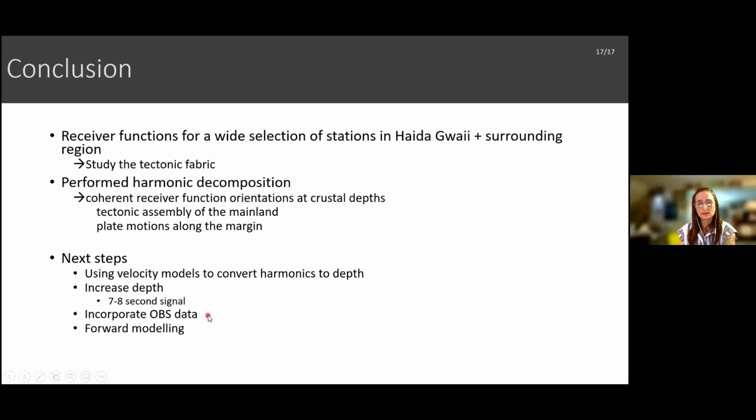Another thing we can do is incorporate OBS data, because right now there's a large gap in coverage because so much of that area where we have that green polygon is underwater. And then also to start doing some forward modeling to see if we can come up with some models that work with our results. And this concludes my presentation.